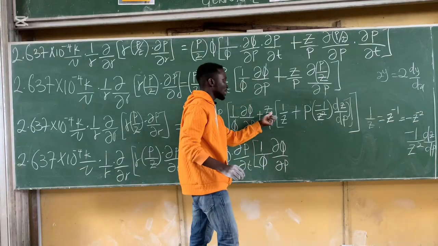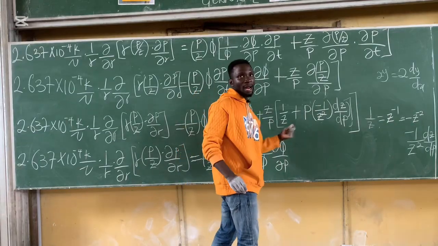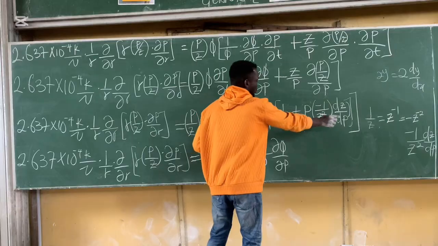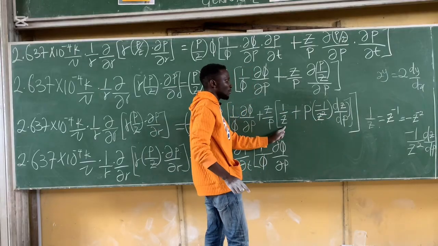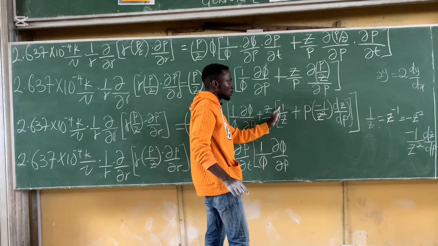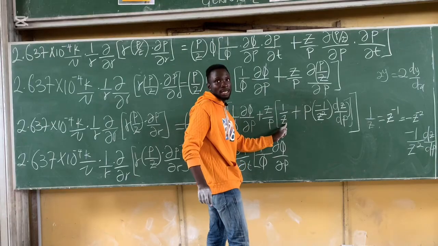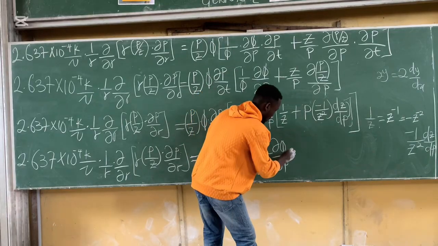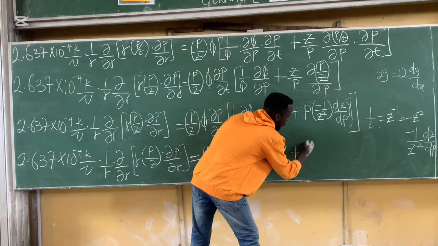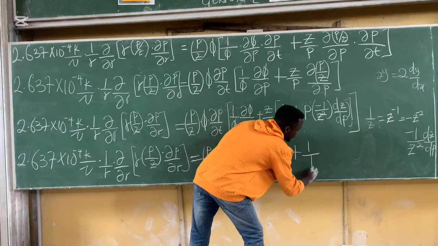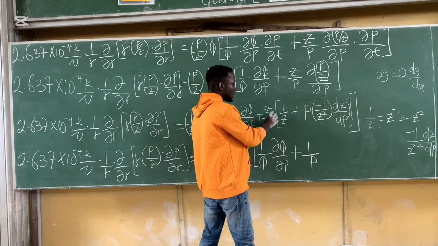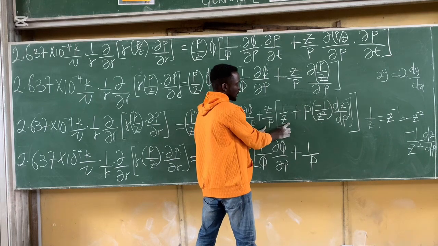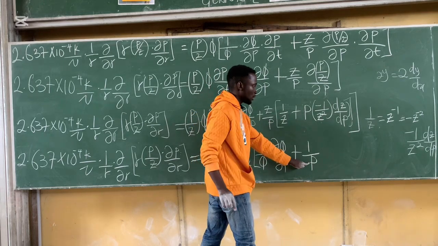Now let's use z over p to open this bracket. If you use z over p to open this bracket, z over p times 1 over z, z will cancel z. We are going to have 1 over p. So here now we are going to have plus 1 over p. Z over p times 1 over z, z cancels z. We are left with 1 over p, which is this.